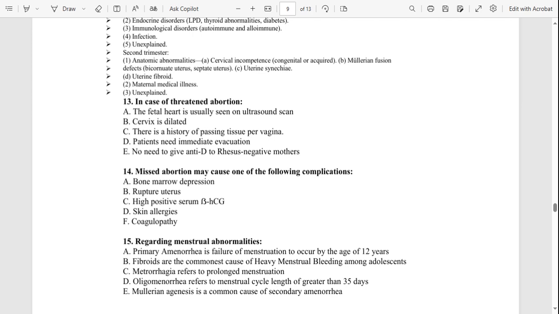All right. So 14 is saying missed abortion may cause one of the following complications: bone marrow depression, rupture of uterus, high positive serum beta HCG, skin allergies, coagulopathy. Any thought on this one?